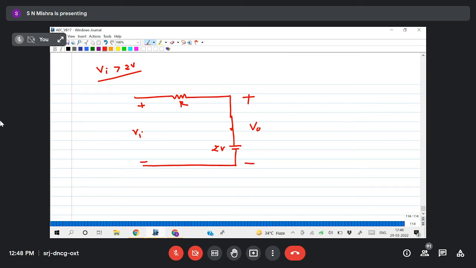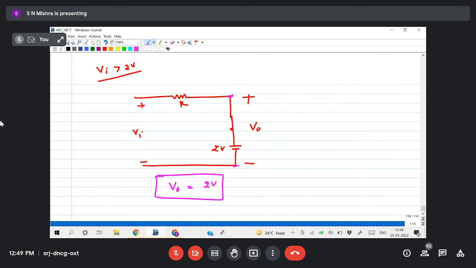So what is my output voltage? That means the potential difference between these 2 points, how much? 2 volt. So directly I can write V naught equals 2 volt.